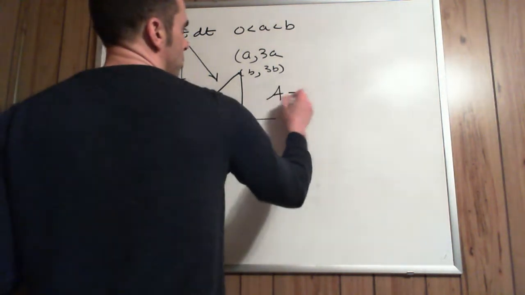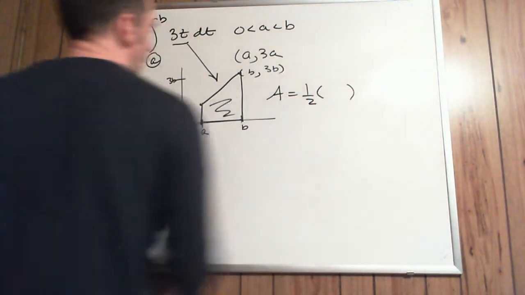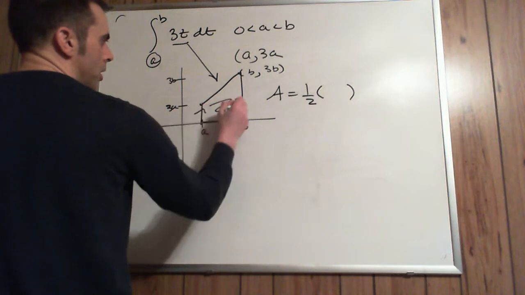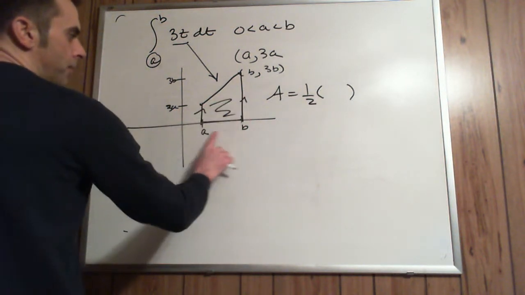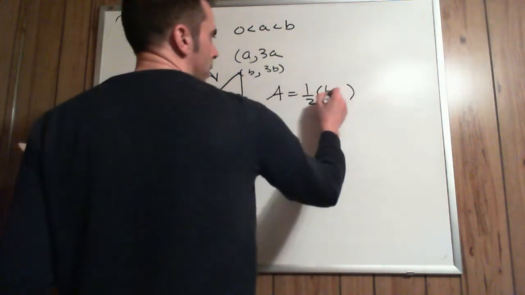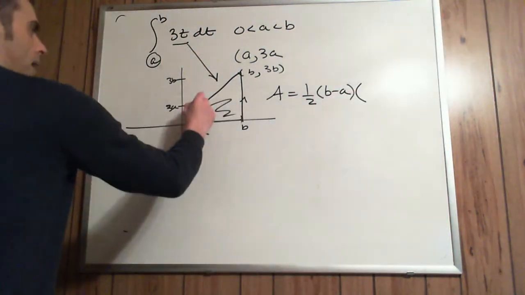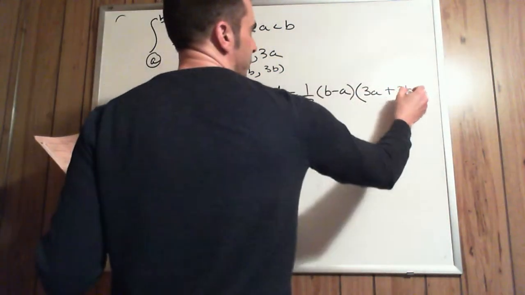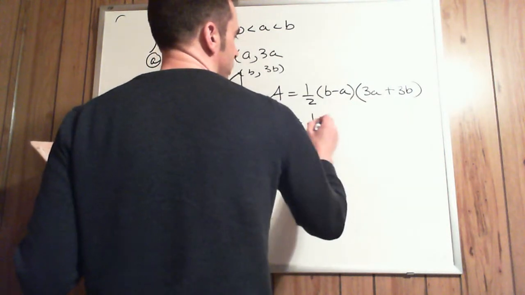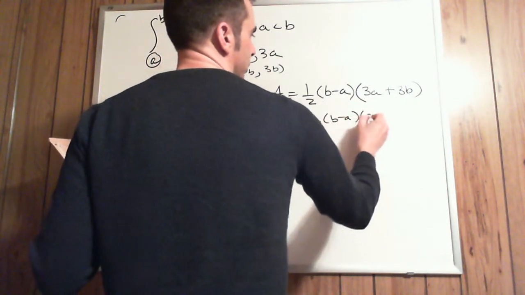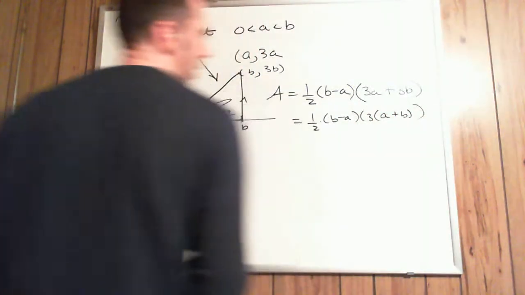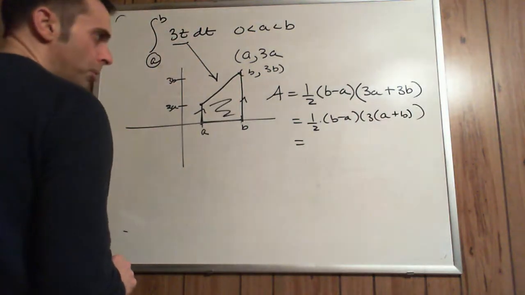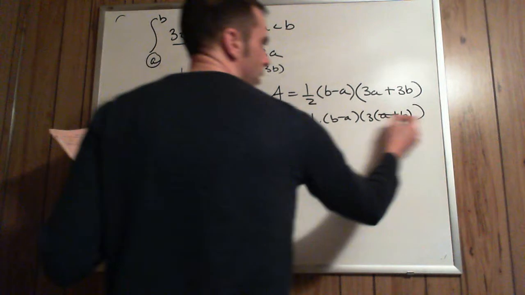So the area would be equal to 1/2 times the height. The height is right here. It's the one perpendicular to the two parallel bases. So that height is the length of this, which would be b minus a. And the bases, how high is this? That's 3a high. And how high is this? 3b. And if you factor out a 3 times a plus b, b minus a times a plus b would simplify to b squared minus a squared.